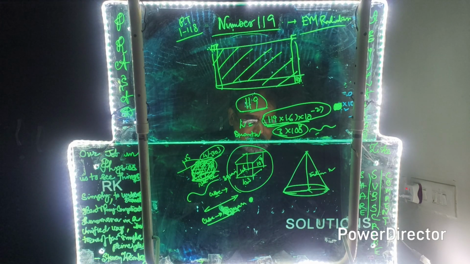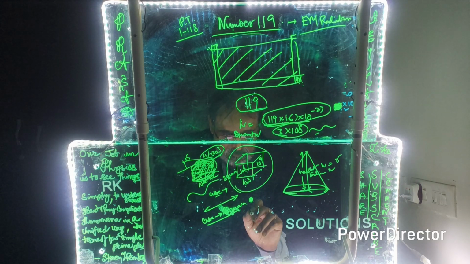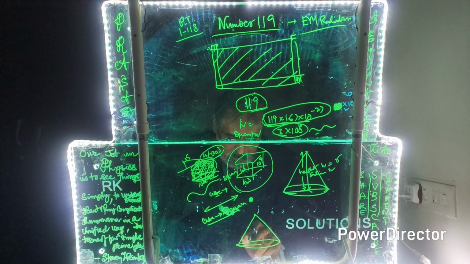The radius r, and from here to here, this is the height h, which is also equal to r. Let us say. So what do we get here? A cone whose radius is r, whose height is r.